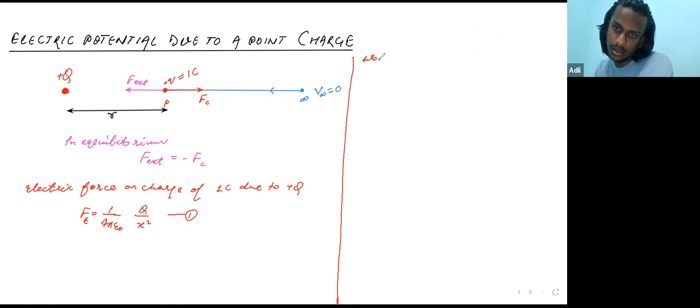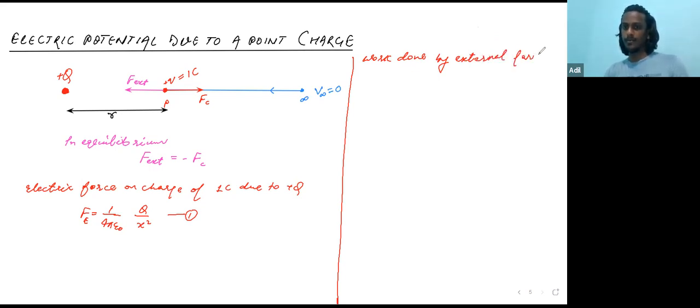So please note it down. Work done by external force in carrying 1 coulomb charge.